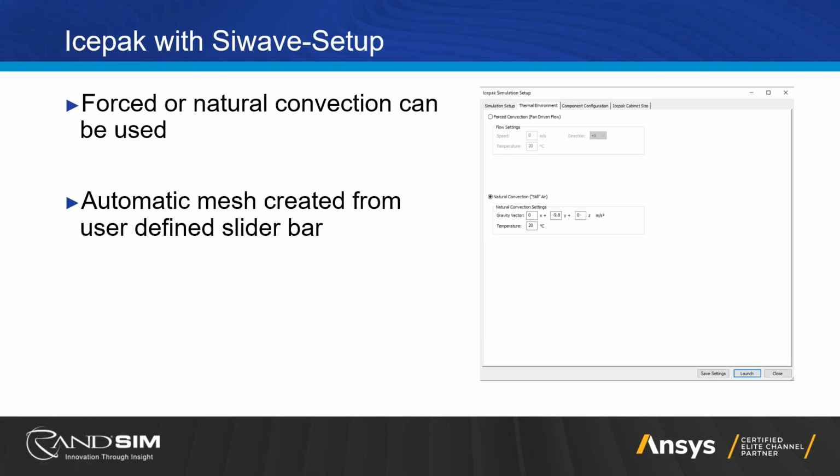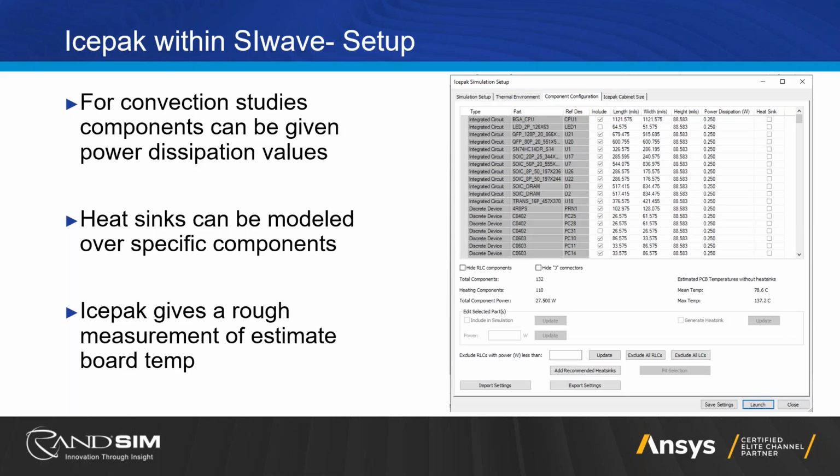And this will be used for those calculations of the thermal study. In addition to the DCIR data that I was talking about already, we can also, for convection studies, include power dissipation values for components specifically.